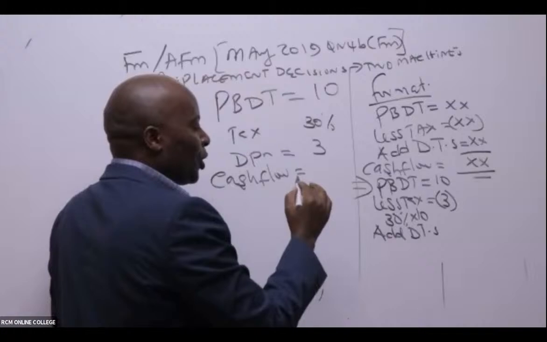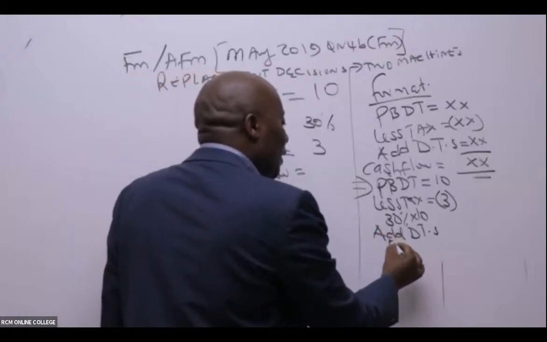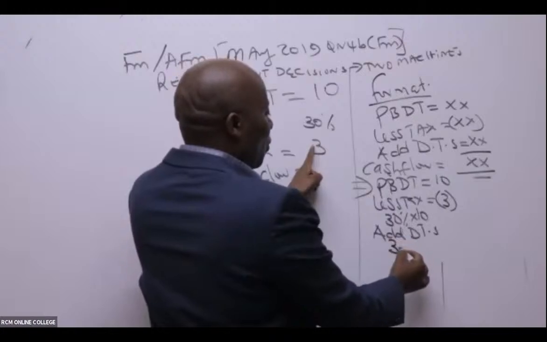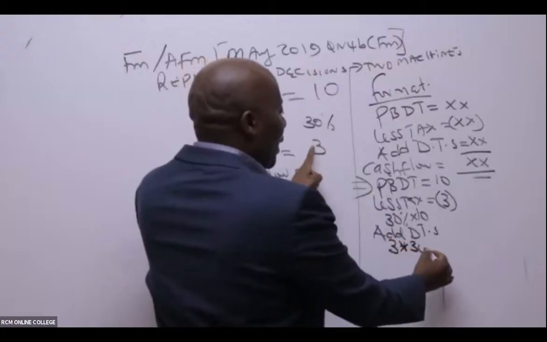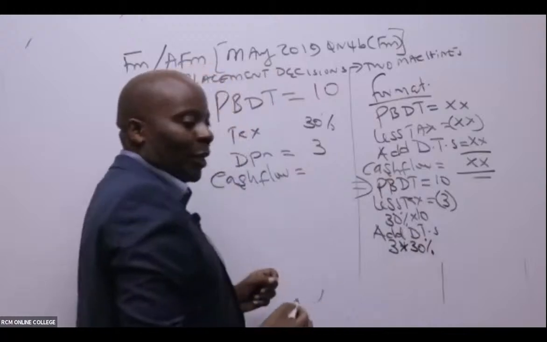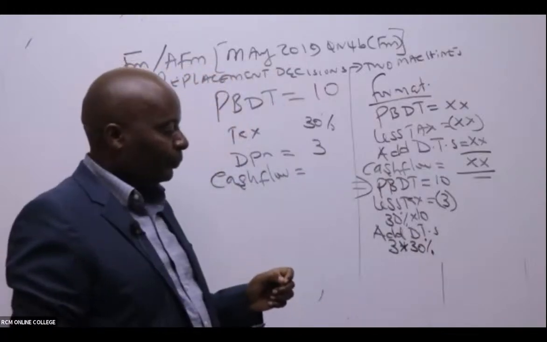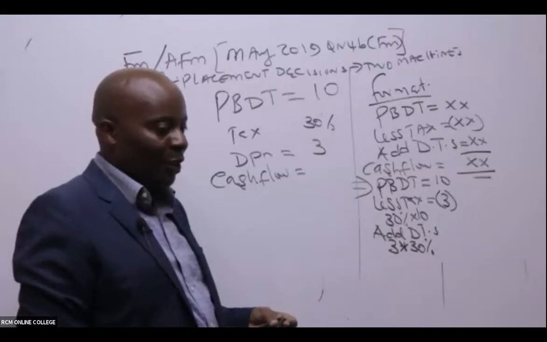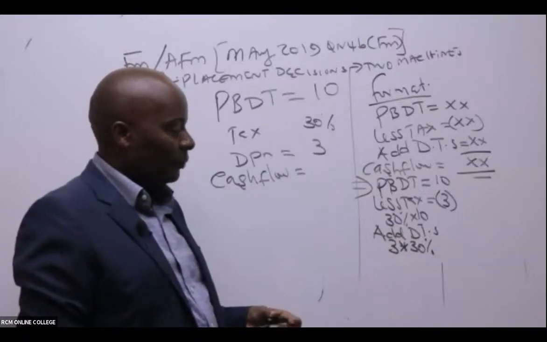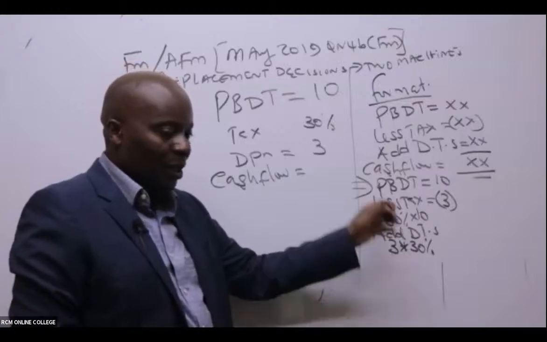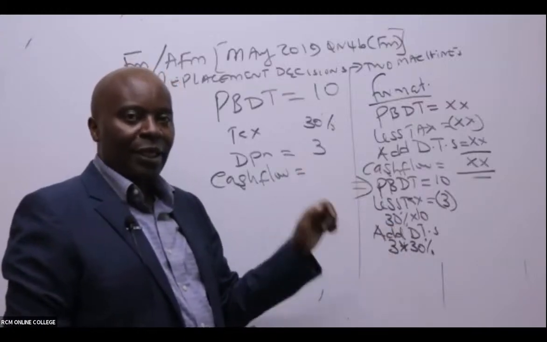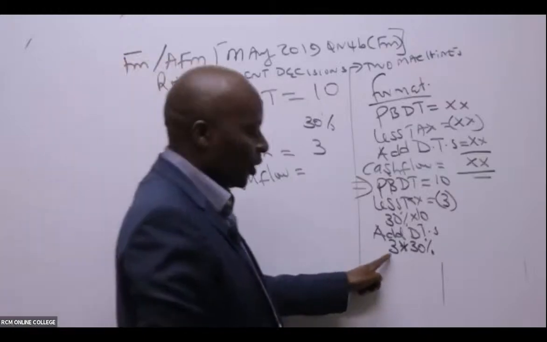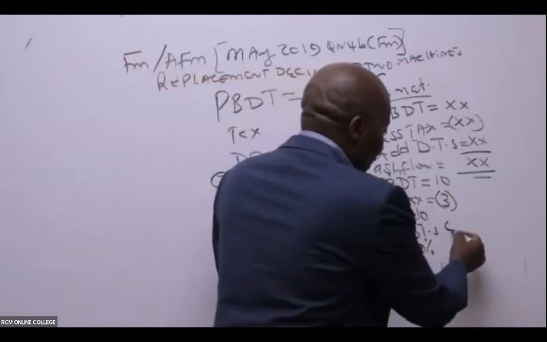For our depreciation tax shield, we take the depreciation amount, which is 3, and multiply it by the rate of taxation. So 3 times 30% gives me what figure, Aaron? That can't be 9, really. It can't be 9, because 30% is the same as 0.3. So 0.3 times 3 gives me 0.9.